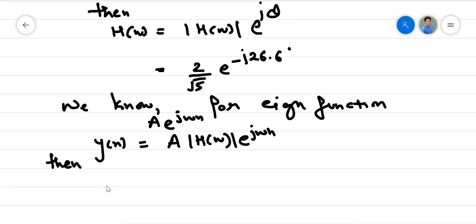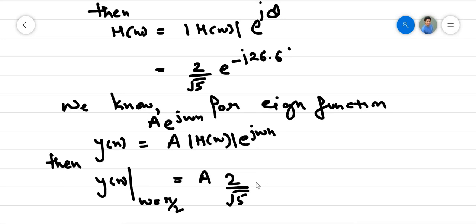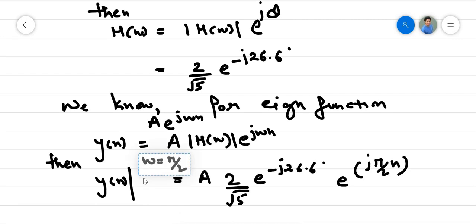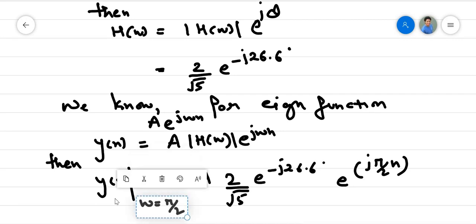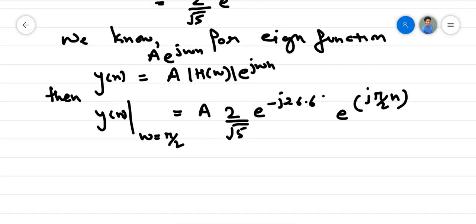Then y[n] at omega equal to pi by 2 is equal to A times 2 over root 5 e^(-j 26.6 degrees) times e^(j pi/2 n). So we have found the value of y[n] at omega equal to pi by 2.